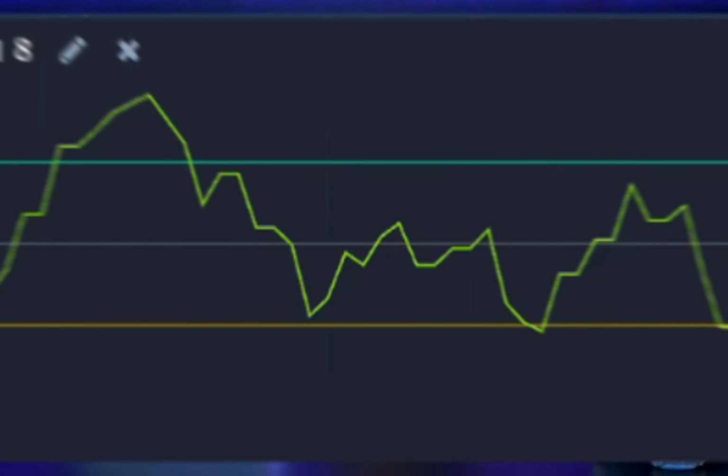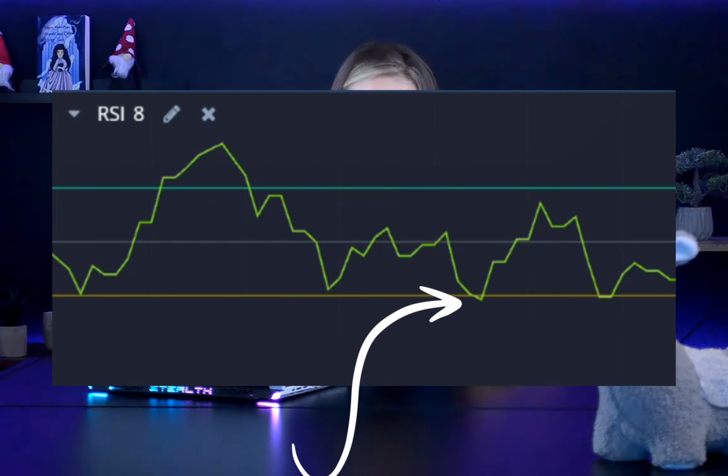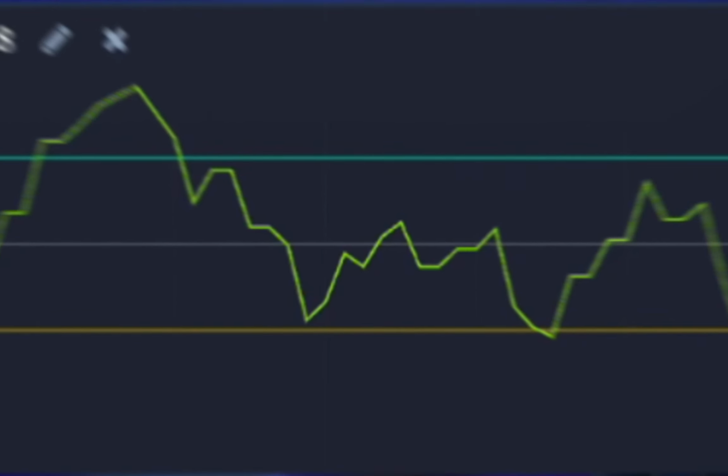It assumes that signals from the RSI and MACD can predict price reversal points and optimal entry points into the market. The RSI indicator is used to assess the strength of the current trend and identify overbought or oversold zones, helping to determine possible reversal points.